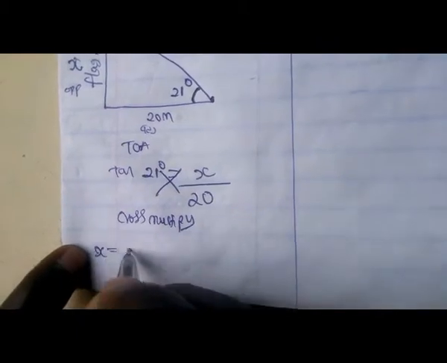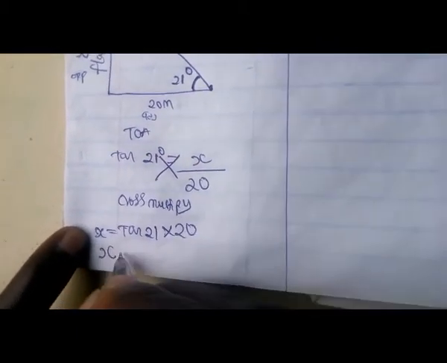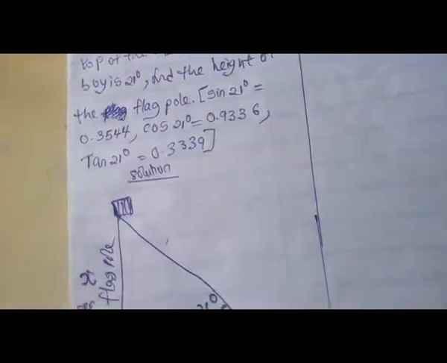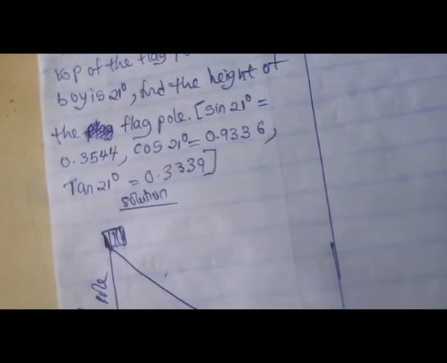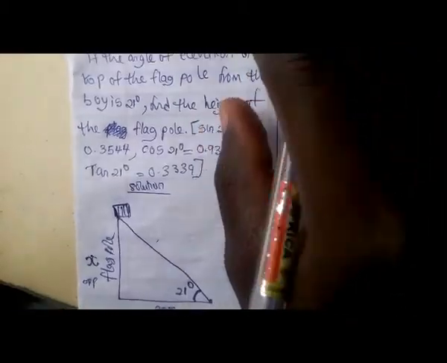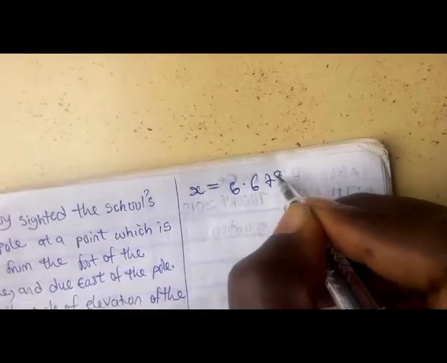It gives us X equals tan 21 times 20. Tan 21 was given in our question as 0.3339, times 20. So X gives us 6.678 meters.